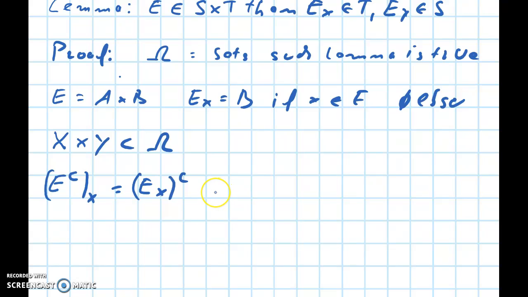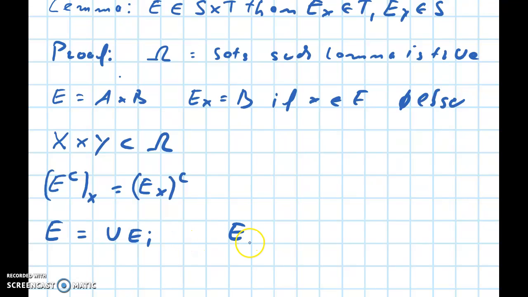So this is fulfilled. Now we need to show that countable unions of sets in omega are in omega. So suppose E is a union of sets E_i, where each E_i is in omega.